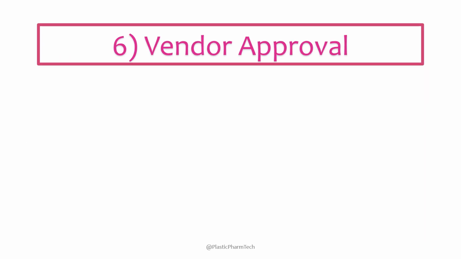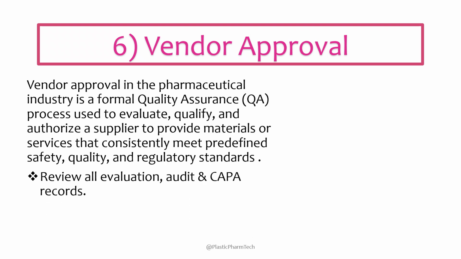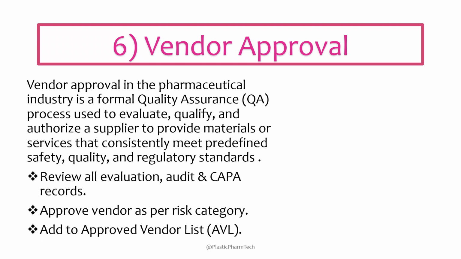Then 6 phase is vendor approval. Vendor approval in the pharmaceutical industry is a formal quality assurance process used to evaluate, qualify, and authorize a supplier to provide materials or services that consistently meet predefined safety, quality, and regulatory standards.